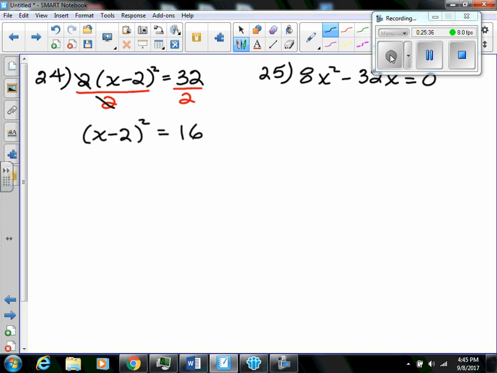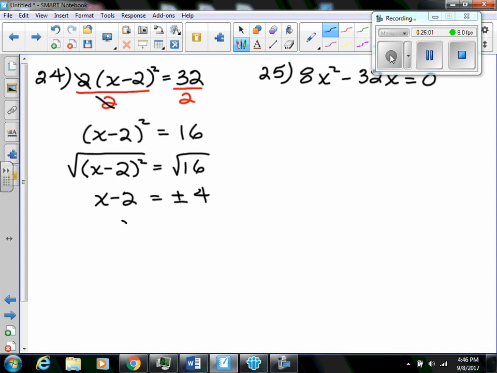Now, since I have (x minus 2) squared equals 16, my squared part is by itself, so I'm going to take the square root of both sides of the equation now. The square root of (x minus 2) squared will simply be x minus 2 equals plus or minus 4. Now, add 2 to both sides of the equation because you want your x by itself.